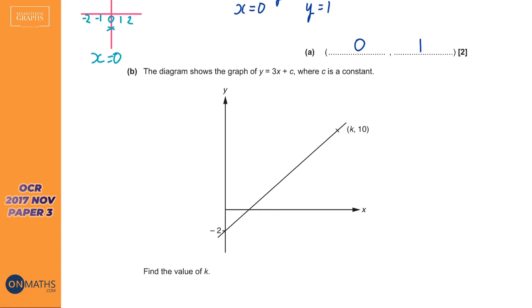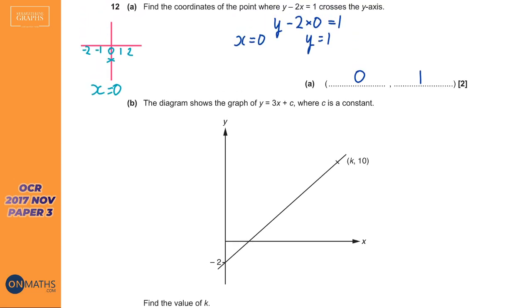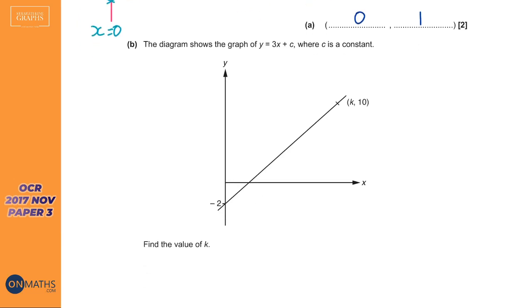Now there's quite a lot going on with this next question, but actually this question doesn't reference the old question at all. I thought it was the same equation, but it's not. So the diagram shows y equals 3x plus something. Now if you remember the first question, I talked to you about this y equals mx plus c.